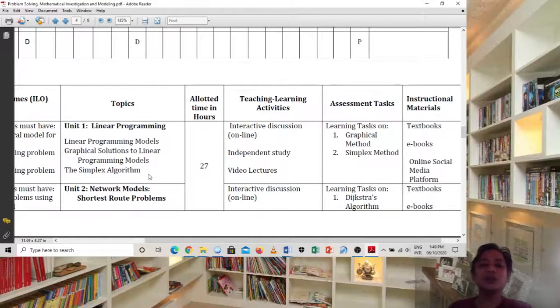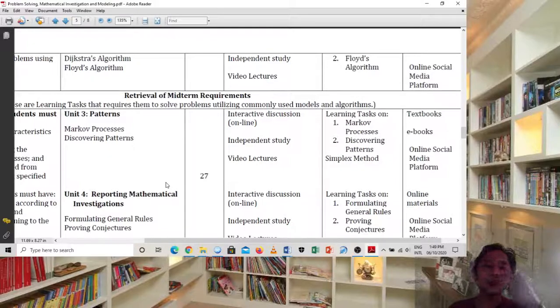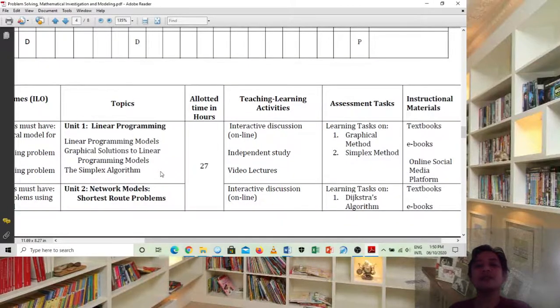The second would be another way of solving problems, this time by the use of network models or illustrations, sometimes called charts. We would be introduced to the basic terms in a network, and then a particular algorithm making use of networks.